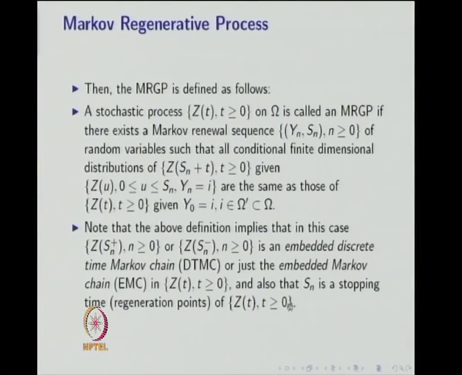So, in this example, Z(Sn-), just before the arrival occurs, is an embedded discrete time Markov chain.